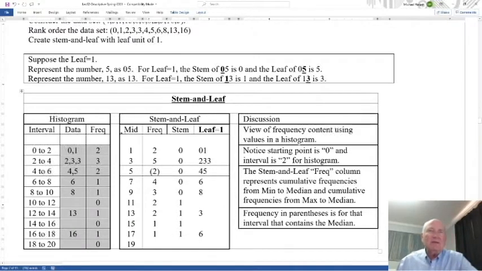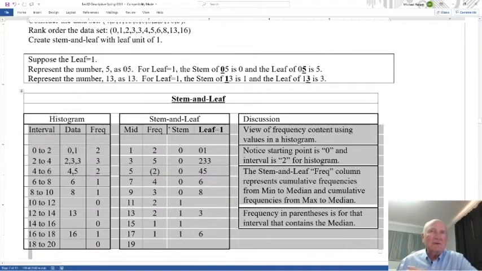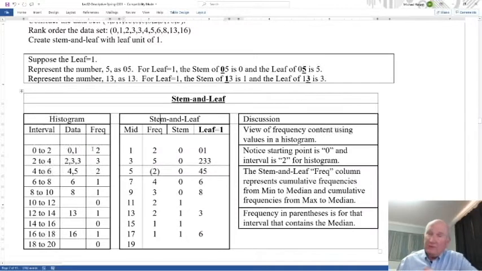Now the stem and leaf takes this histogram and represents it very differently. They still represent the histogram, but instead of bars, they represent it with the leaf part of the number. Okay, for example, these two numbers 0, 1, well, the stem of 0, 1 is 0, as we saw up here. The leaf is 0 and 1.